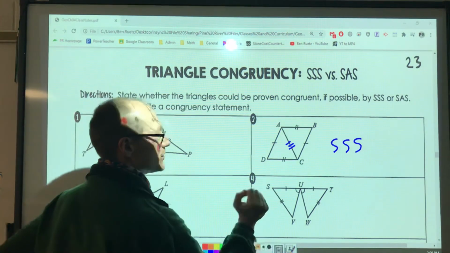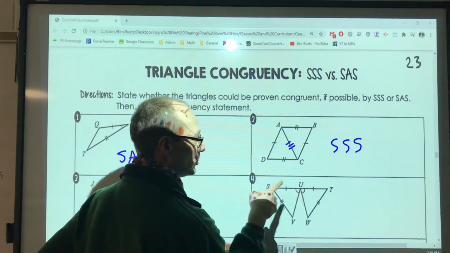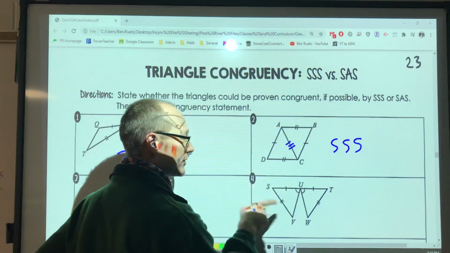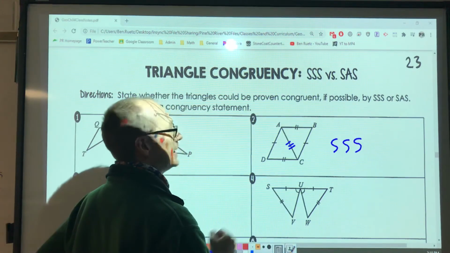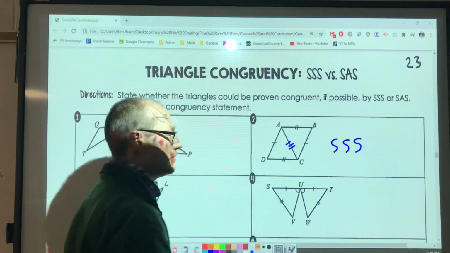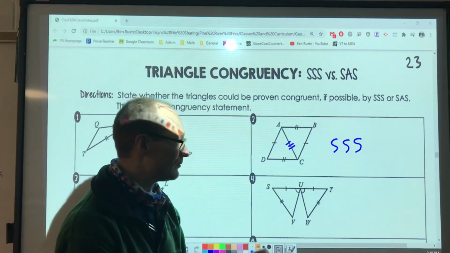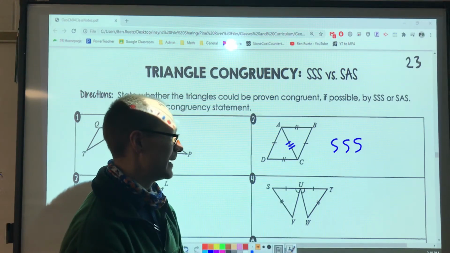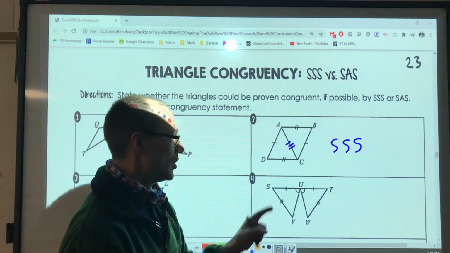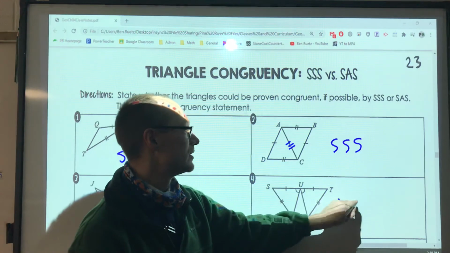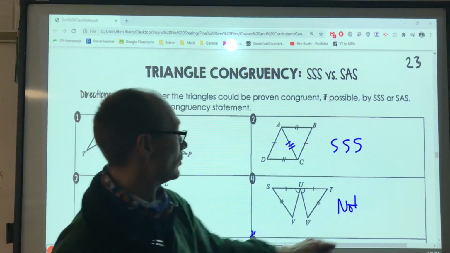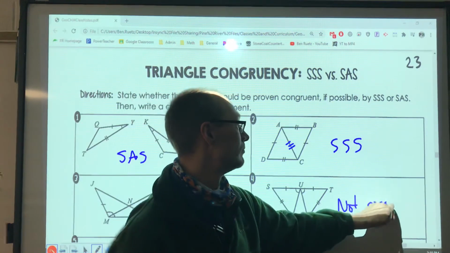How about number 4? Do you notice how this angle is not between the sides? If this angle is not between these sides, these two triangles could actually be drawn differently based on that information given. So these are not possible to prove.